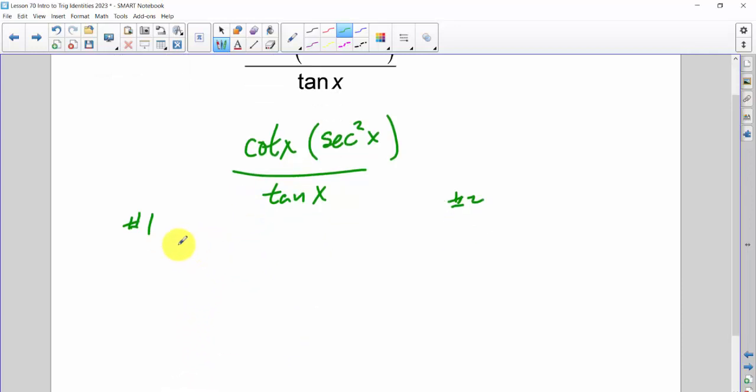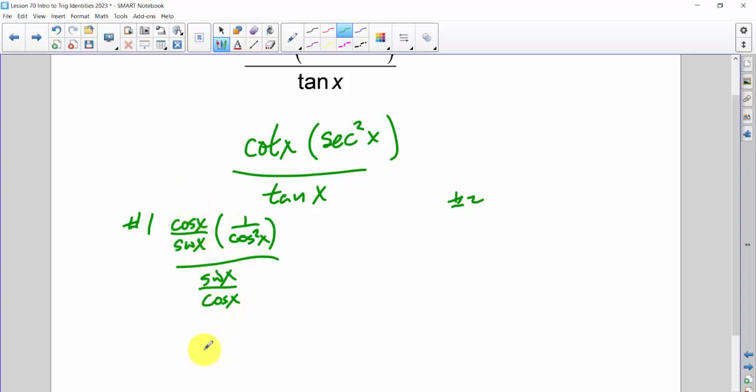You could say that cotangent is cosine over sine, and the secant squared is basically the reciprocal of cosine, so that's 1 over cosine squared of x. That's all over sine of x over cosine of x. Now, this is a division, a complex fraction.